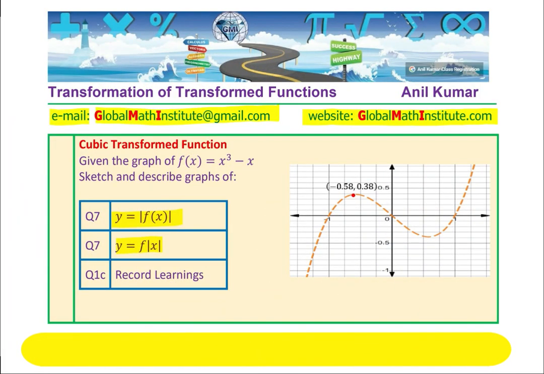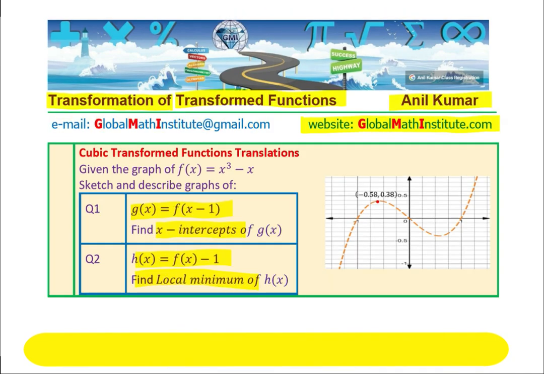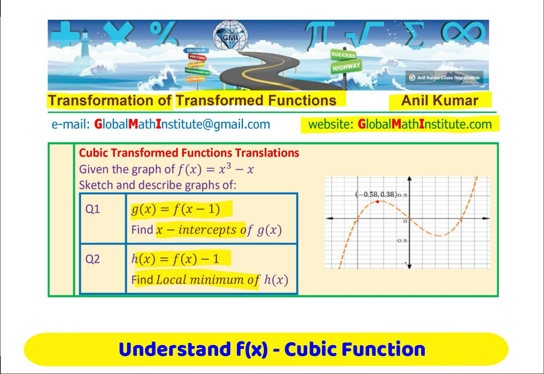So now, let us try to understand these questions one by one. First, let's understand the graph given to us. It is the graph of f of x equals x cubed minus x, which has x-intercepts at 1, 0, and minus 1.